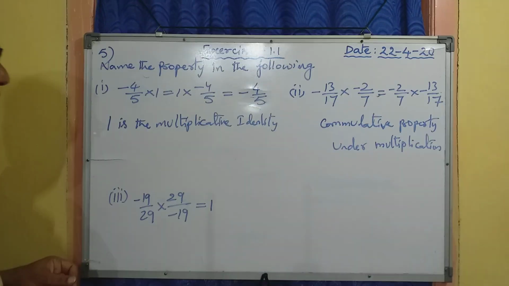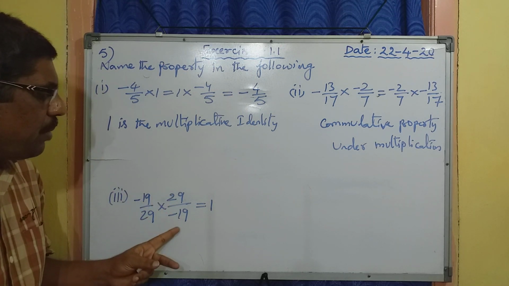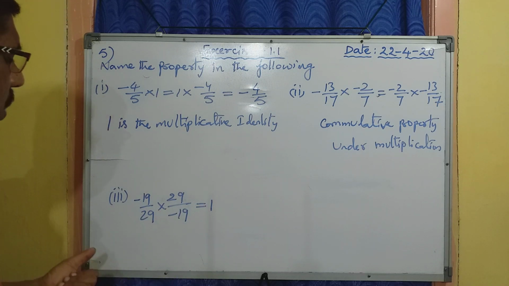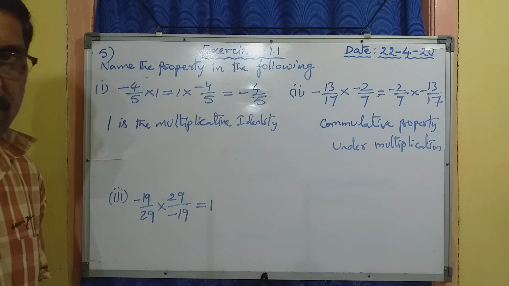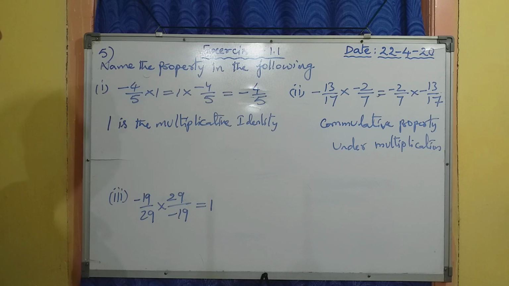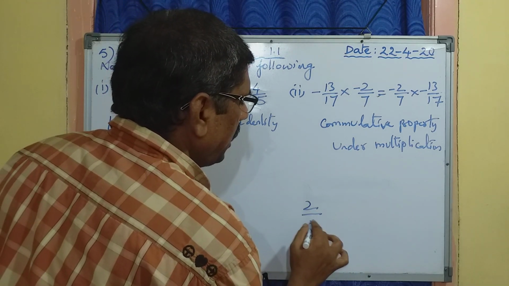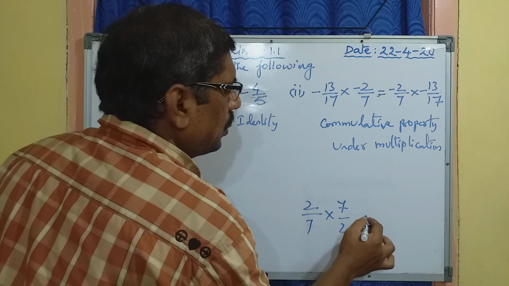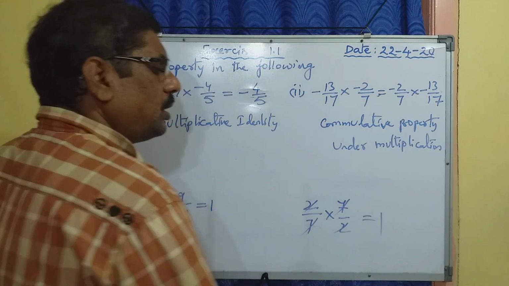Now, look at this. Here, minus 19 by 29 into 29 by minus 19 is 1. So, why did we get like this? Just we have discussed in the fourth Roman, the multiplicative inverse. So, what is the multiplicative inverse? If you multiply 2 by 7 and its reciprocal 7 by 2, by cancelling 7, 7, 2, 2 in the numerator and denominator, you will get 1.